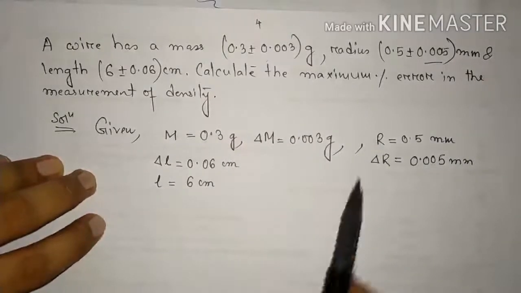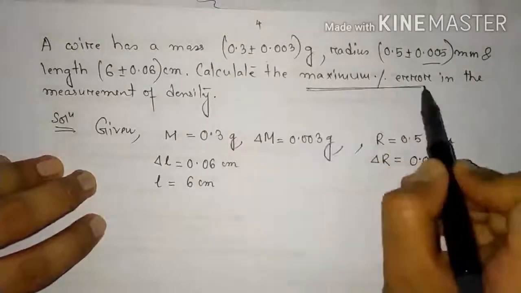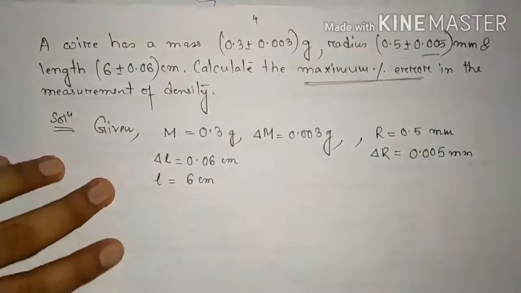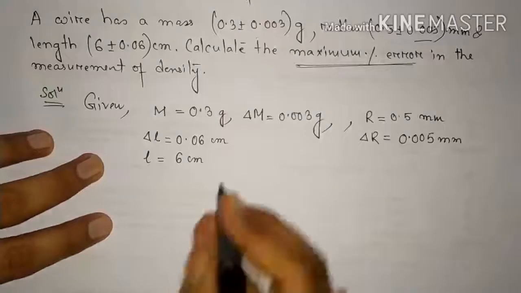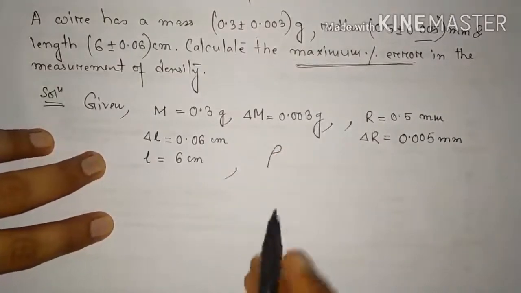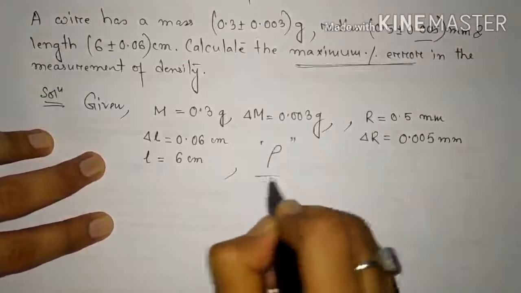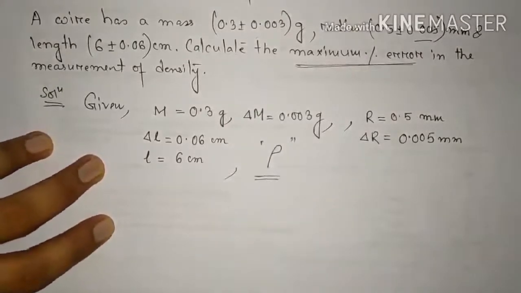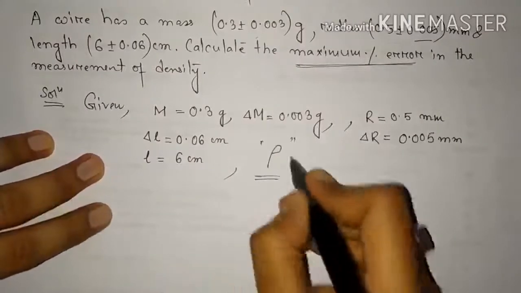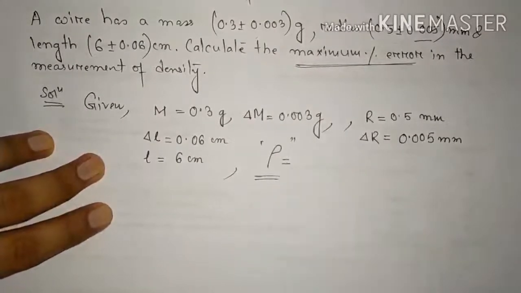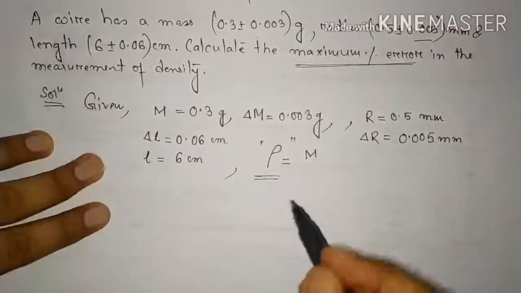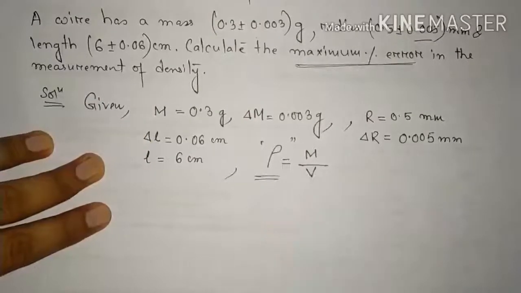We have to calculate the maximum percentage error in the measurement of density. So how do we represent density? Density is represented by a symbol called rho. Density is mass per unit volume. So rho is equal to the mass of the wire divided by the volume.